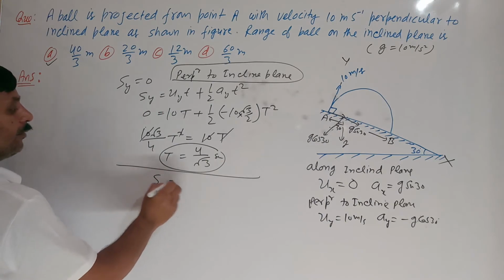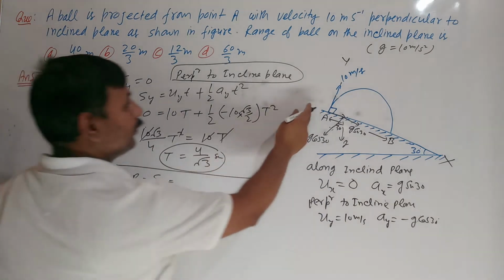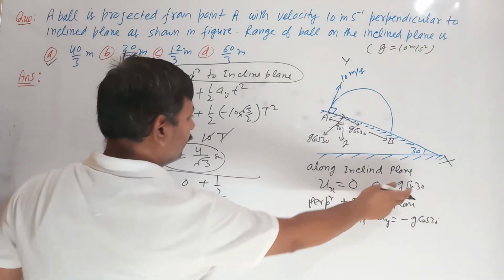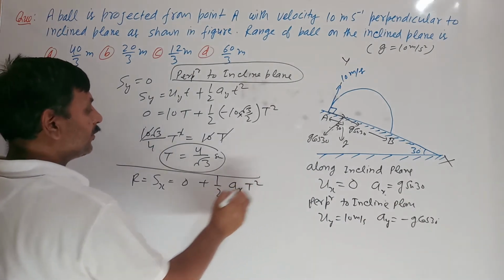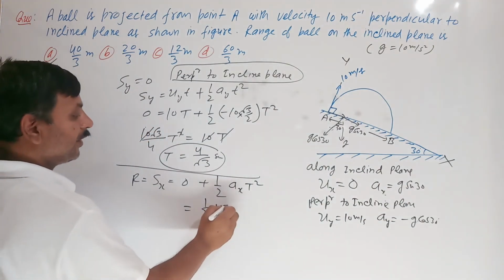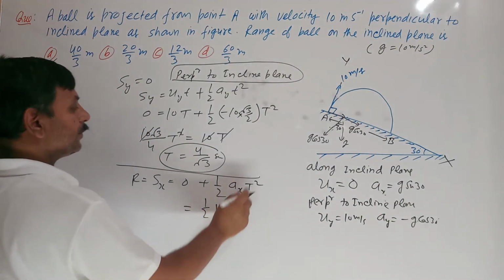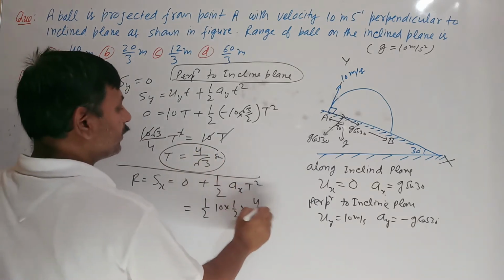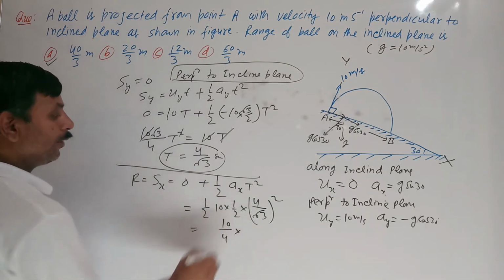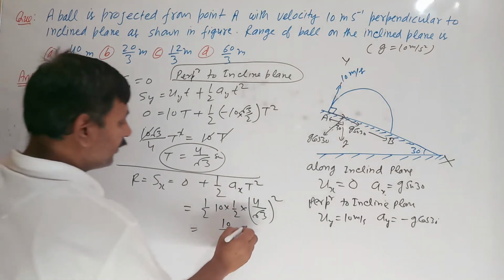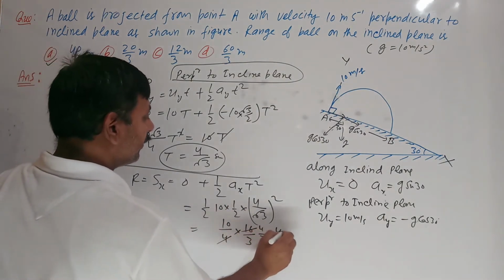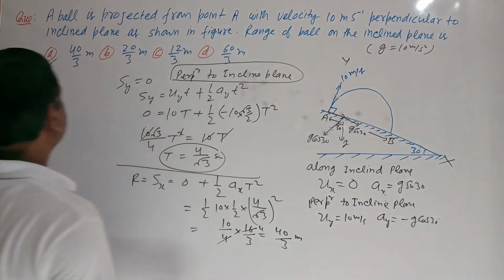So Sx, that will be the range, is equal to initial velocity u t plus half ax t square, that is 10 sin 30 times t square, 4 upon root 3 square. So 10 by 4, 4 fours are 16 upon 3. So that will also come 40 upon 3 meter.